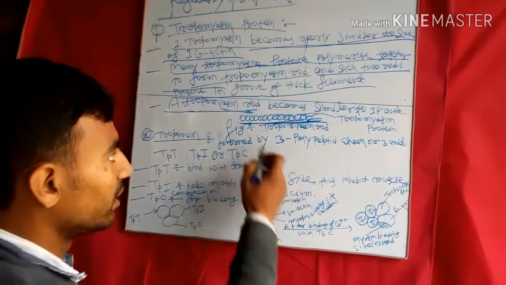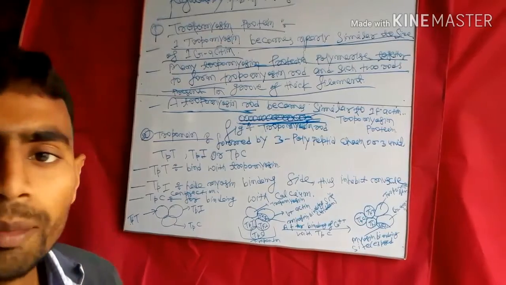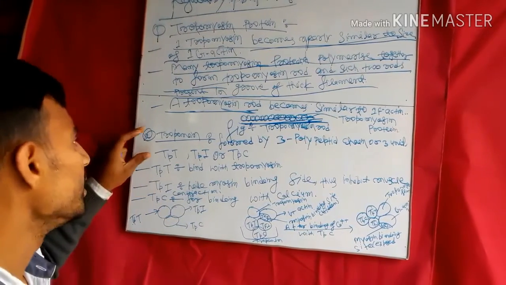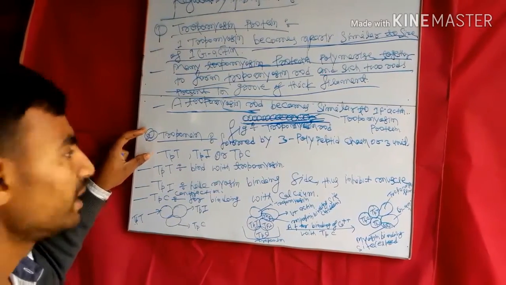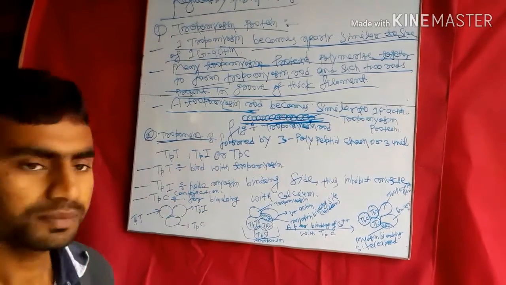Next, this is the figure of the tropomyosin rod. The next protein is troponin.